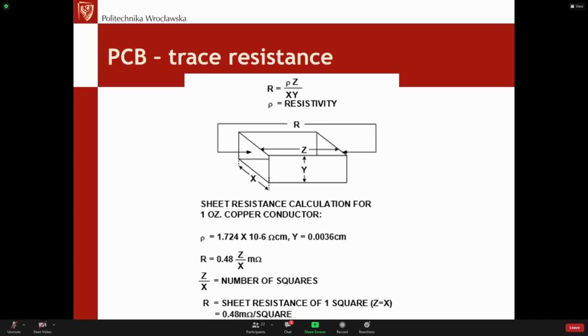So what about the parameters of the copper trace? The first parameter that we have to analyze is the trace resistance. As you should know from physics, the resistance of the track depends on its volume and on its resistivity.